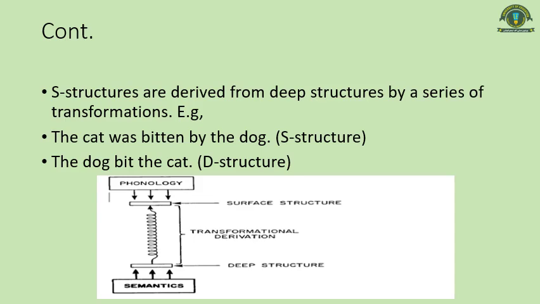That's why we have learned in the previous slides that deep structure helps us to interpret the meaning of the surface structure. So the surface structure is concerned with the phonological aspect of the sentence, whereas the deep structure is concerned with the semantic meaning of that particular sentence.